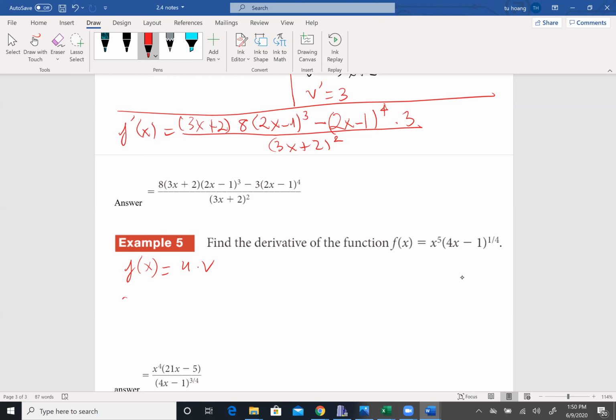If I take the derivative, I'm going to have u prime times v plus v prime times u. Now let's assign: u equals x to the power 5, and v equals 4x minus 1 to the power 1/4.